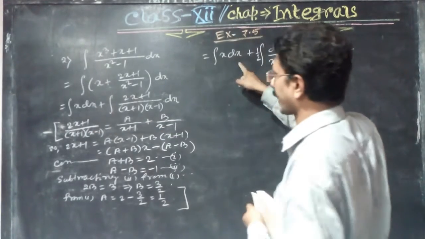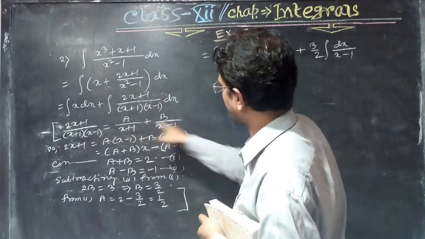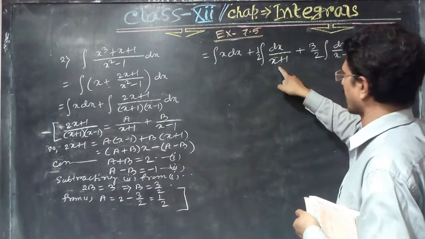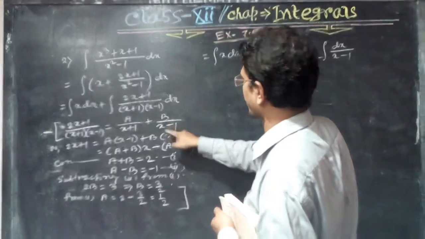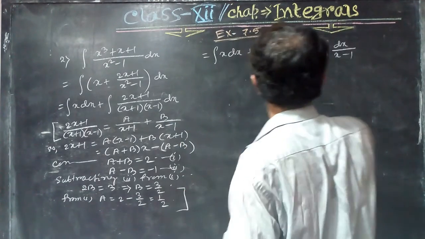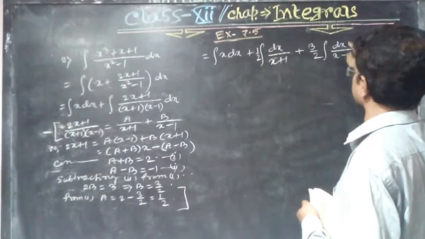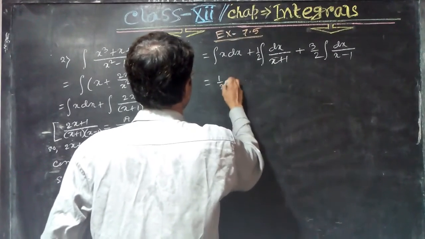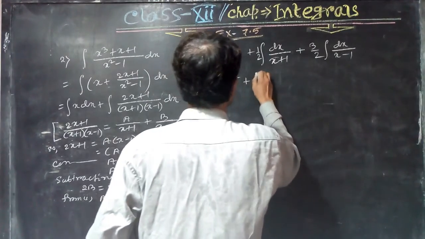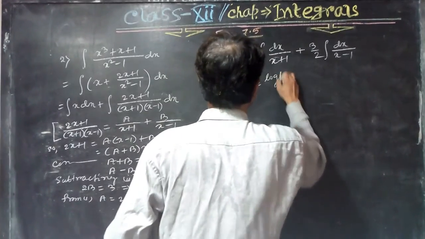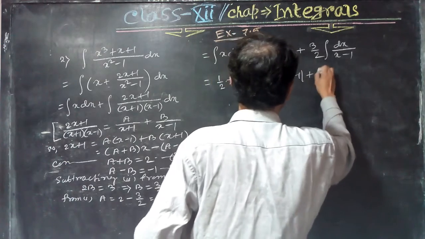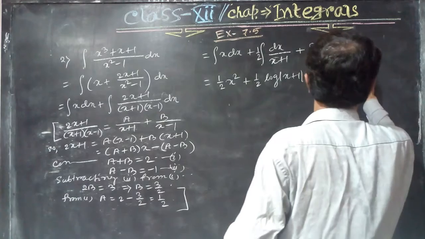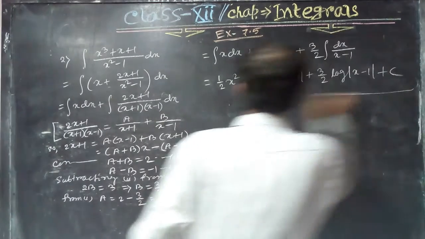So a by x plus 1, a equal to half into dx by x plus 1, plus b by x minus 1, b equal to 3 by 2 into integration dx by x minus 1. Equal to x means half x square plus half log mod x plus 1 plus 3 by 2 into log mod x minus 1 plus c.